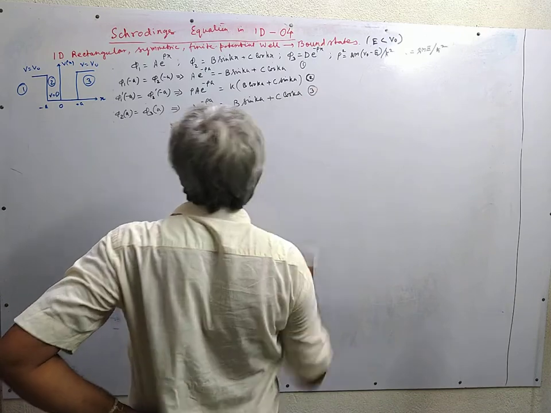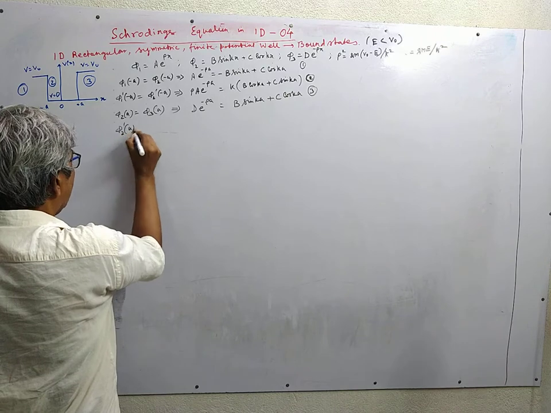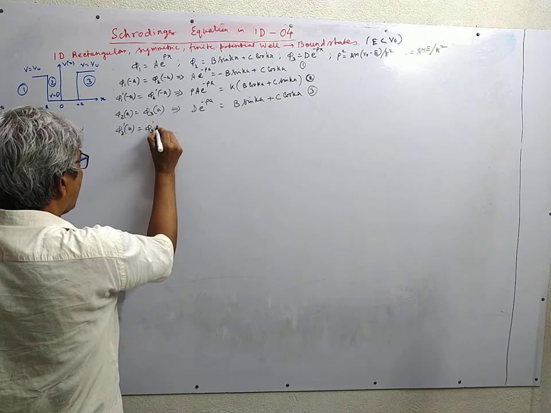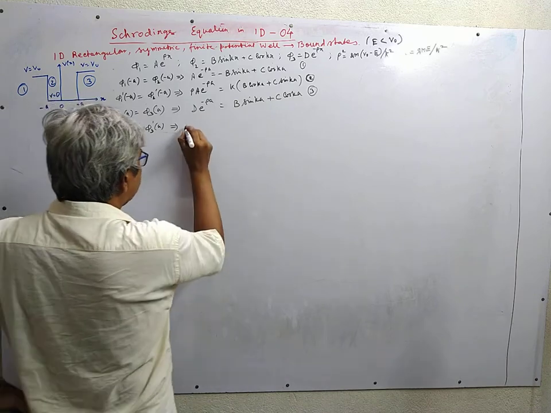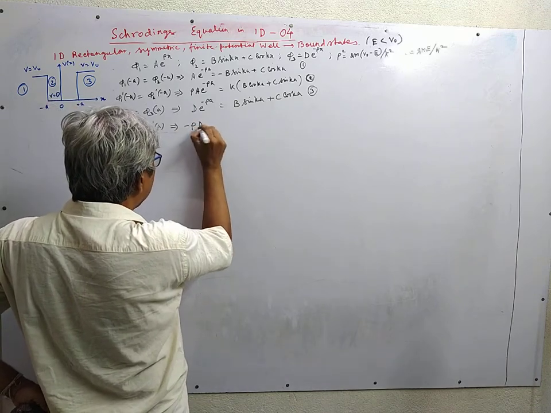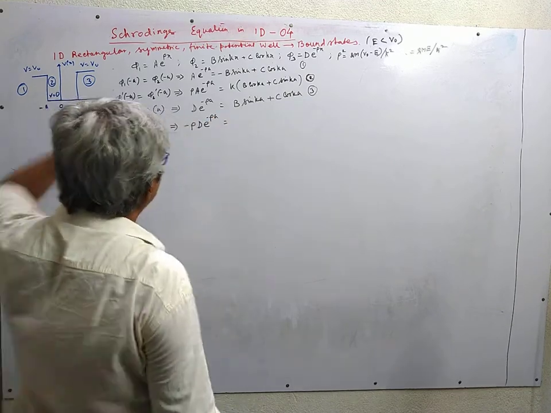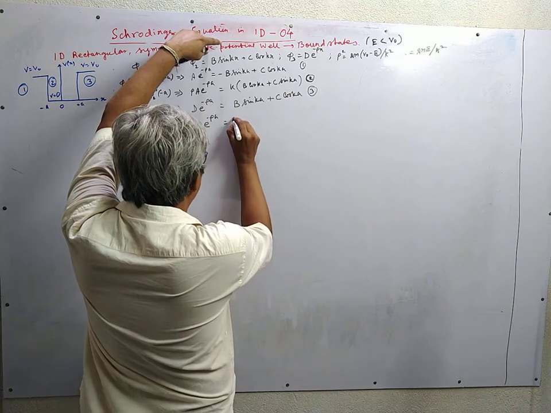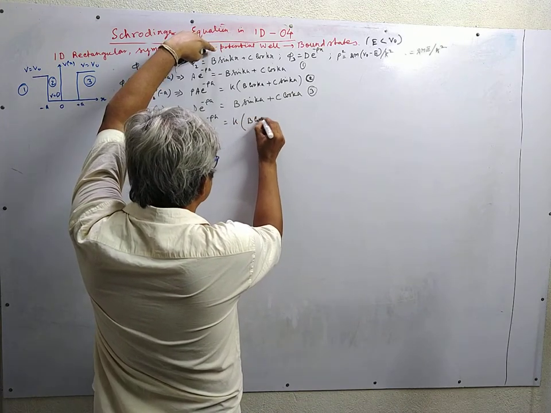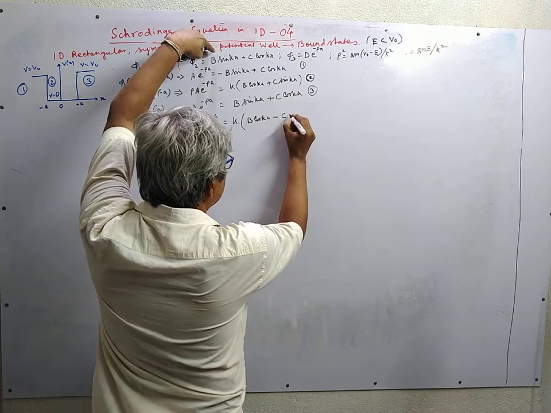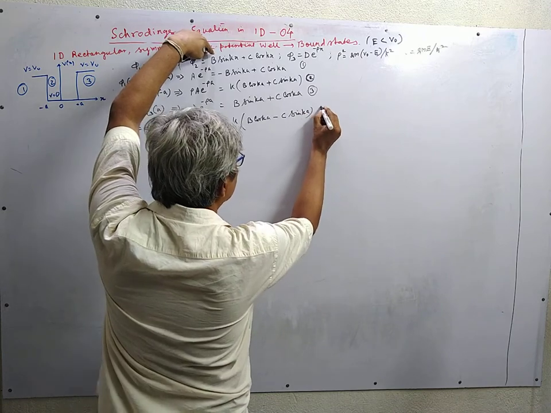This is equation 3. And phi 2 prime at a is equal to phi 3 prime at a. This gives you minus rho D e to the power minus rho a, and if we differentiate this, we will have k times B cos ka minus C sin ka. This is equation 4.